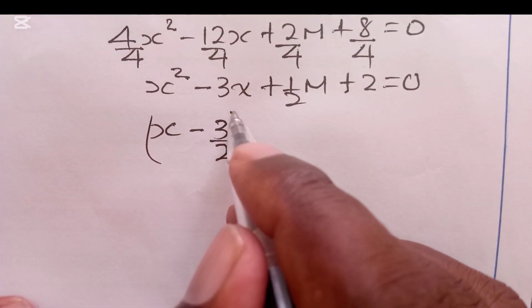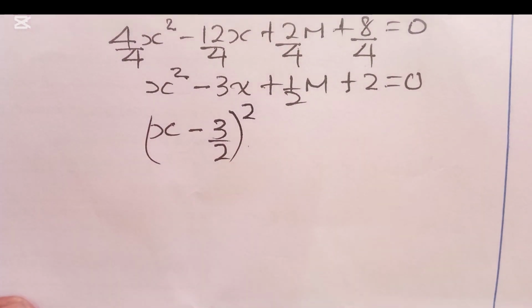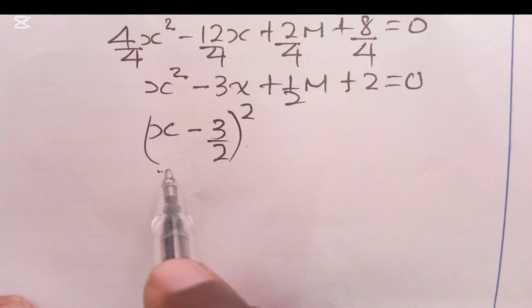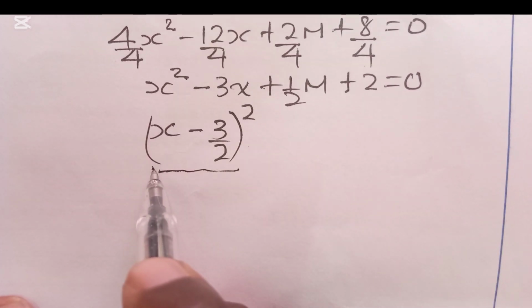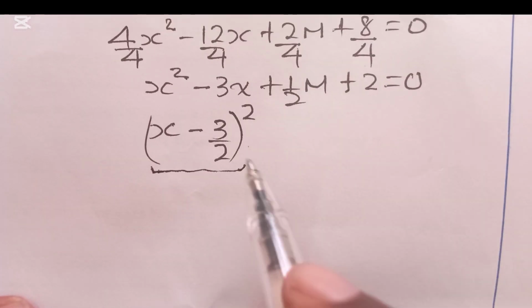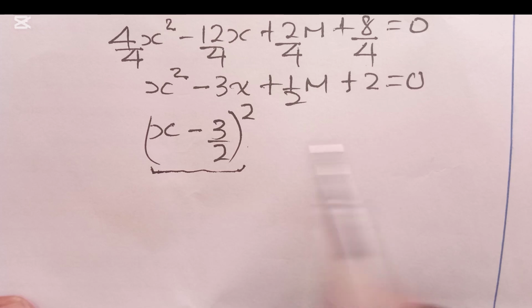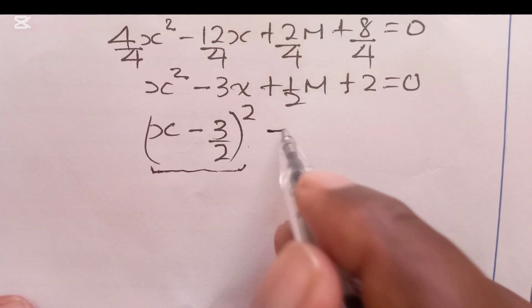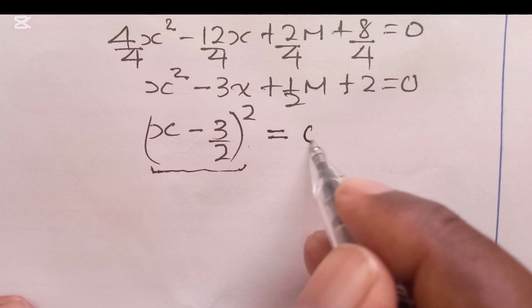And now we square that. As I have said, guys, this is the only thing we have when it is a perfect square. We don't have all the other terms. So this is now supposed to be equal to 0.